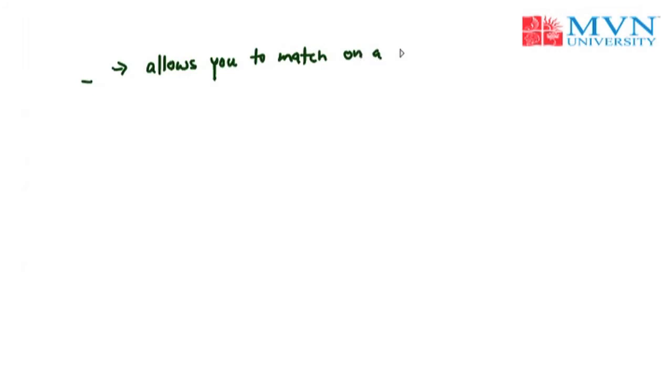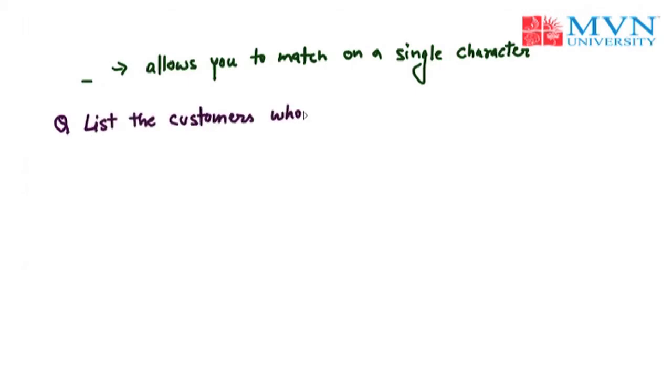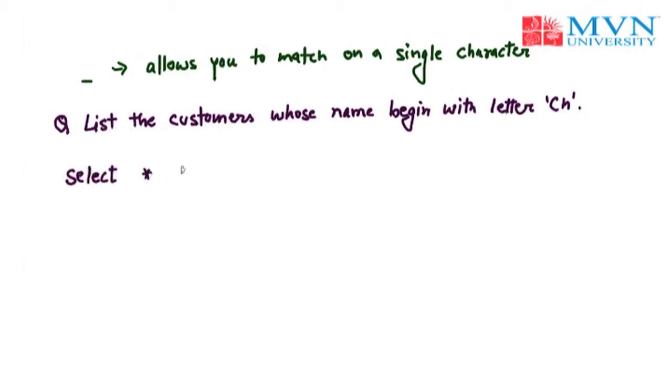Suppose you want to list the customers whose name begins with the letters CH. We will write a query like: select star from table name.